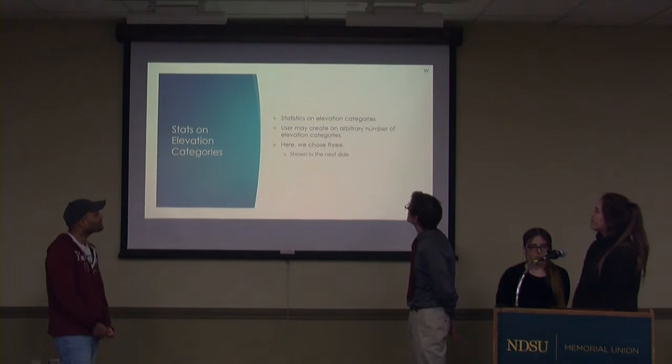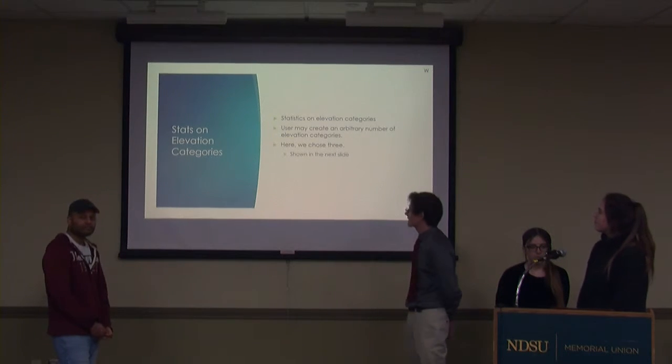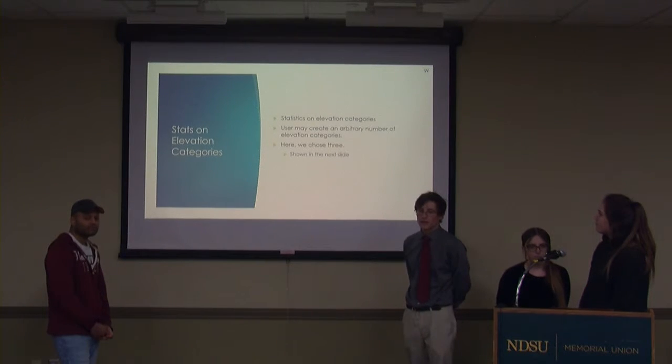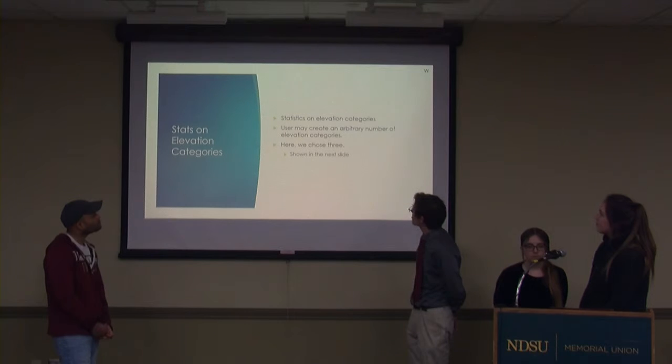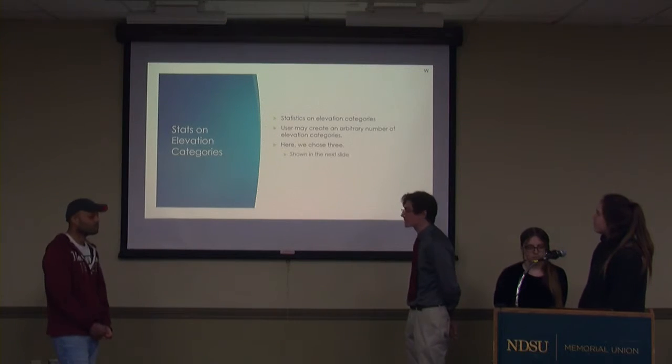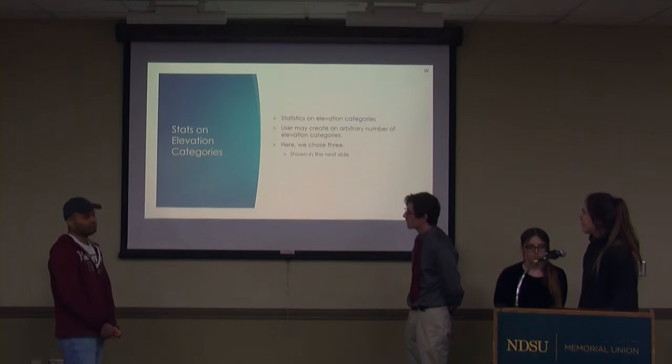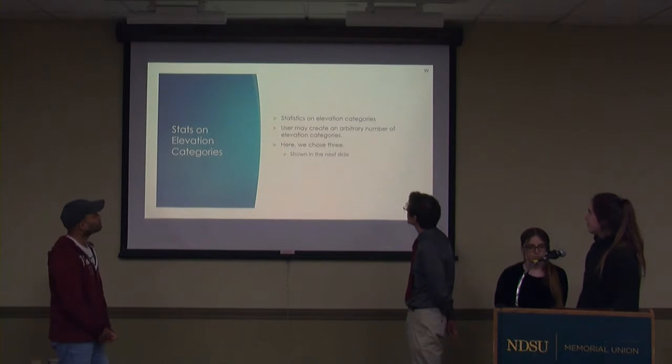So yep, we took the whole range of the elevation found throughout the field and divided it into 3 equal intervals, and then assigned the lowest interval to be the low category, middle to be the middle category, and the high to be the high category.